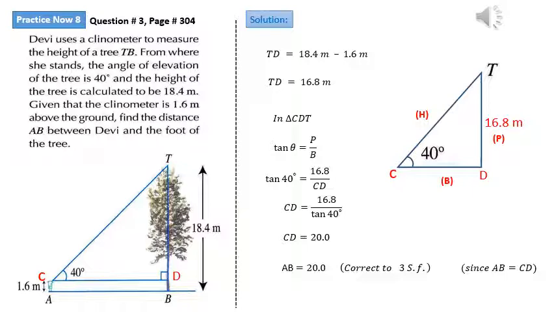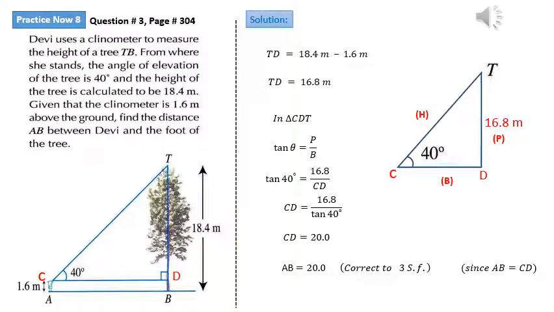We subtract BD from the total height of the tree BT. So TD is equal to 18.4 meters minus 1.6 meters, so the length of TD is 16.8 meters. To find the value of CD, we will take triangle CDT. In triangle CDT, tan theta is equal to perpendicular over base.